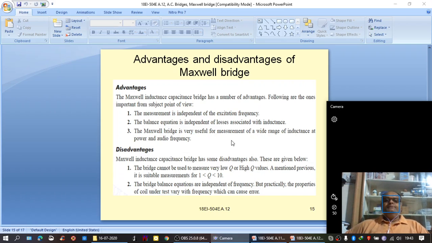And similarly, the bridge balance equation is independent of losses associated with inductance.